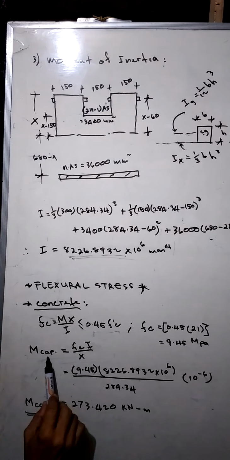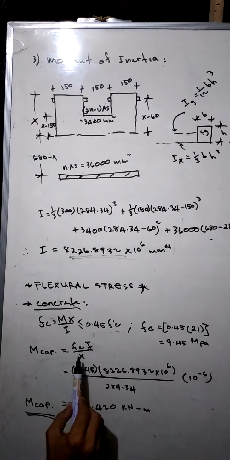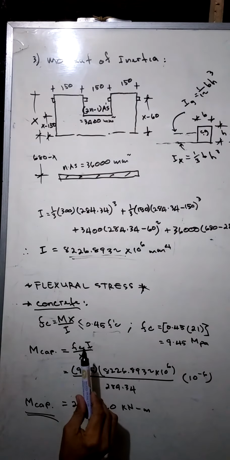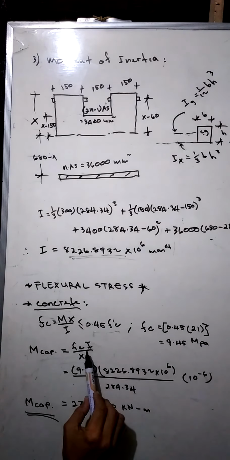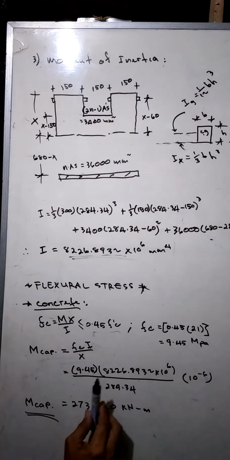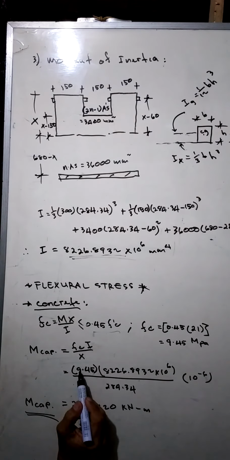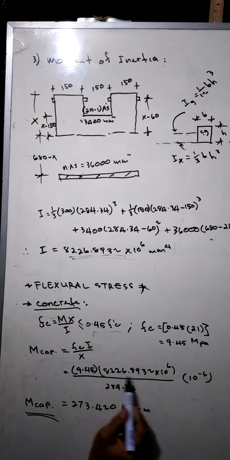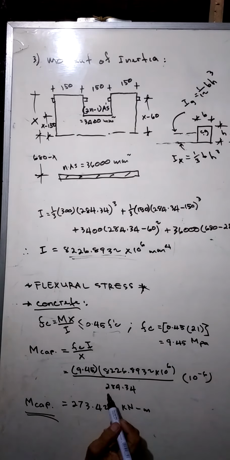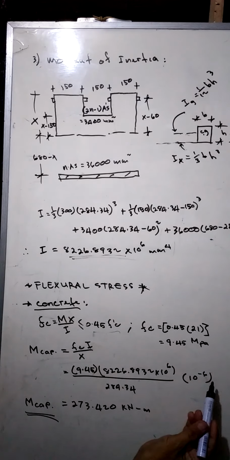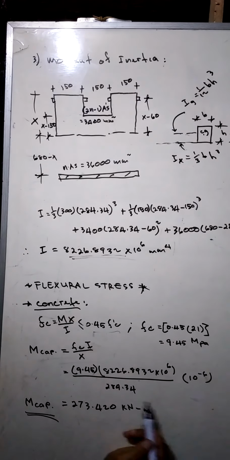So the moment capacity: fc, this is the compressive strength of the concrete, times the moment of inertia over the x, location of the neutral axis. Substituting all the values, this is moment of inertia, and the x times 10 to the negative 6 to convert the units into kilonewton.